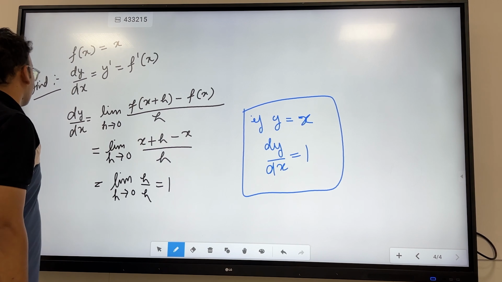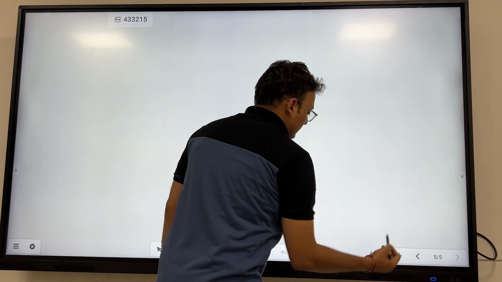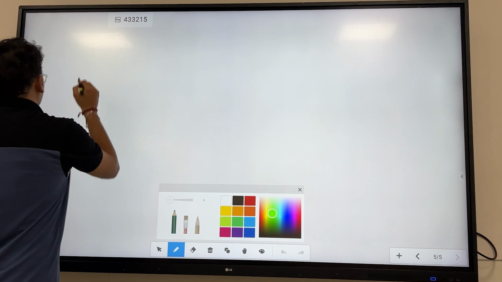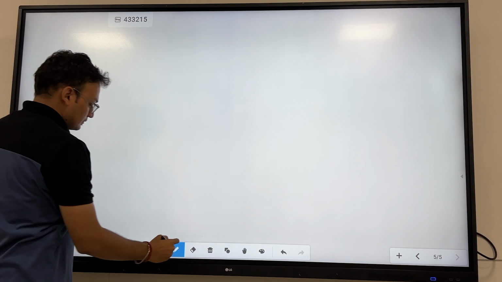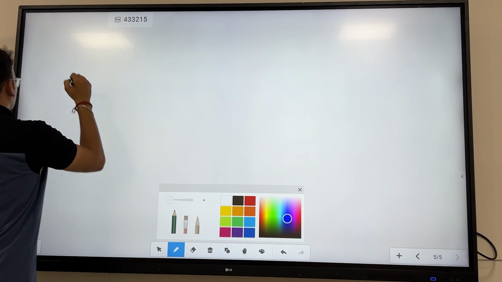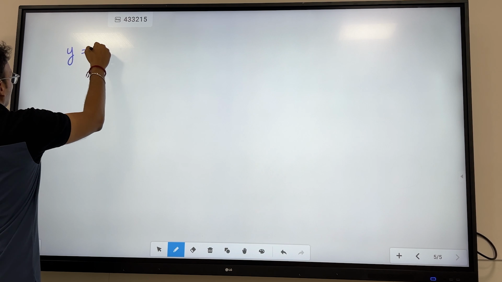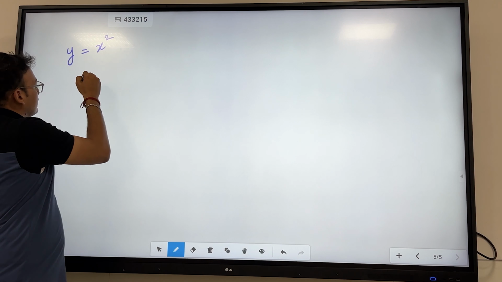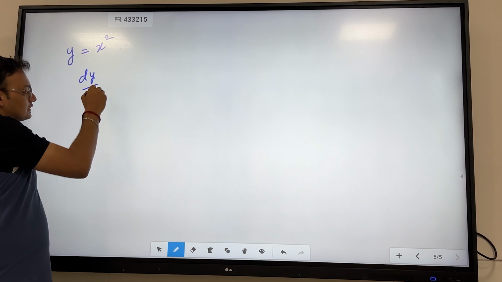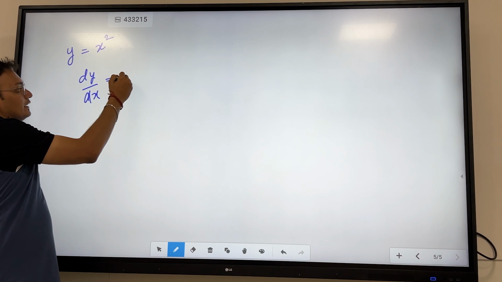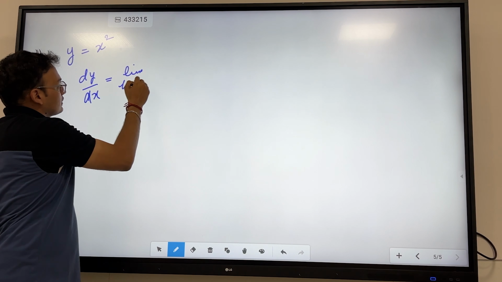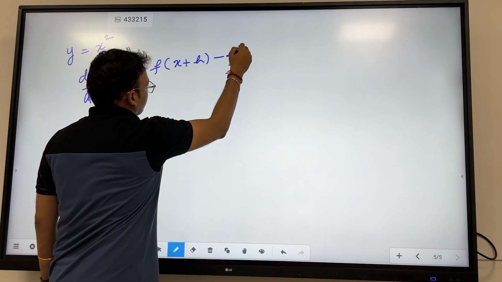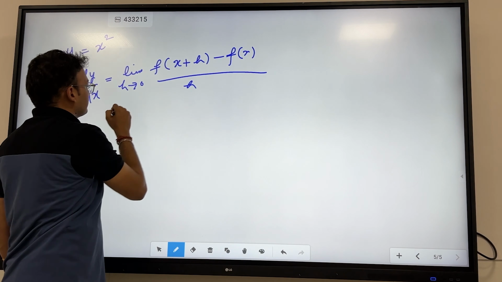Right? Now, let's take one more example. Let's say y is equal to x squared, right? So again, we have to find dy over dx, right? Now, can I write limit h tends to 0 of f of x plus h minus f of x over h, right?